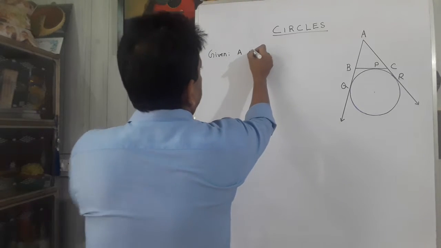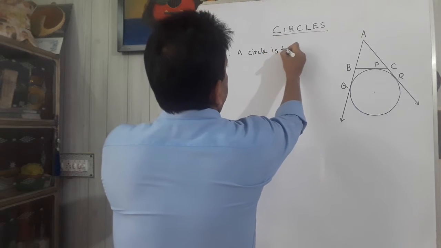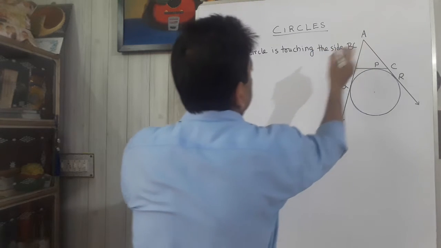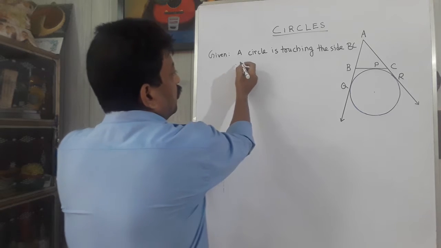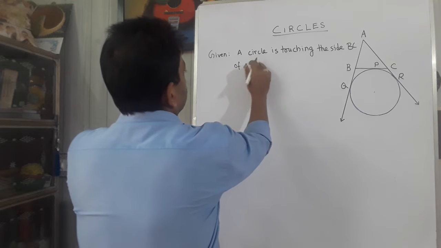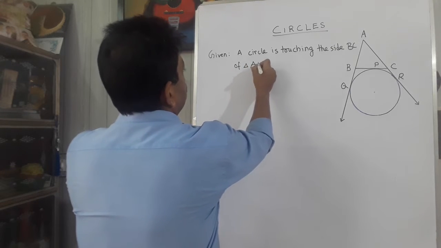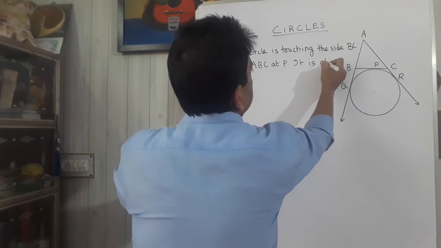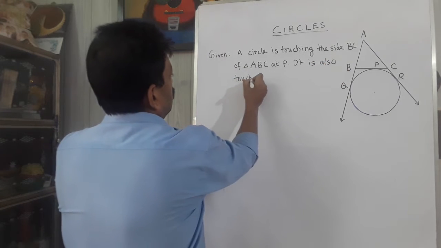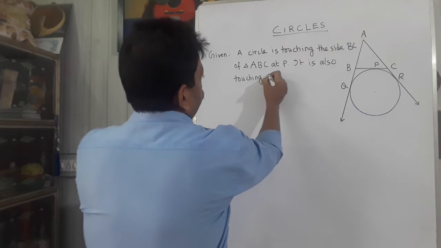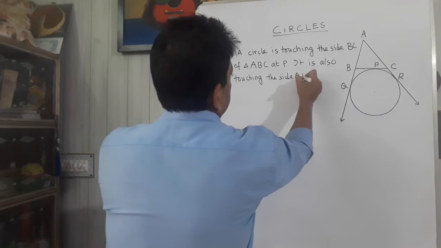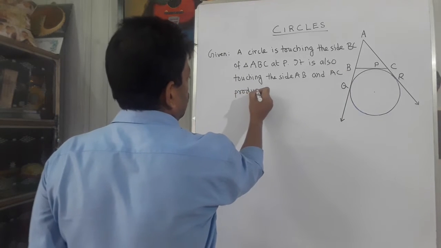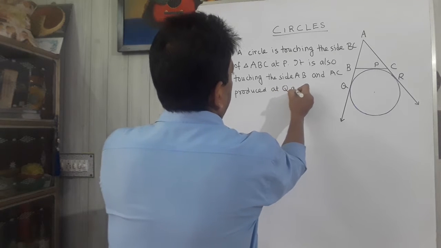A circle is touching the side BC of triangle ABC at P. It is also touching the side AB and AC produced at Q and R respectively.